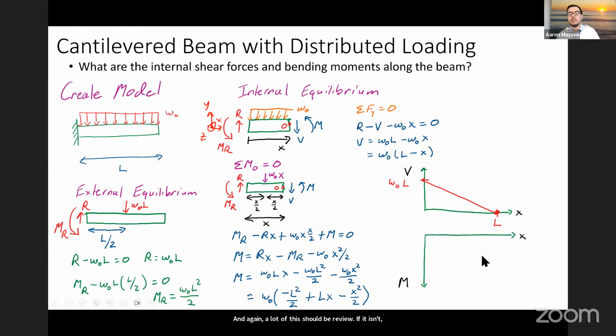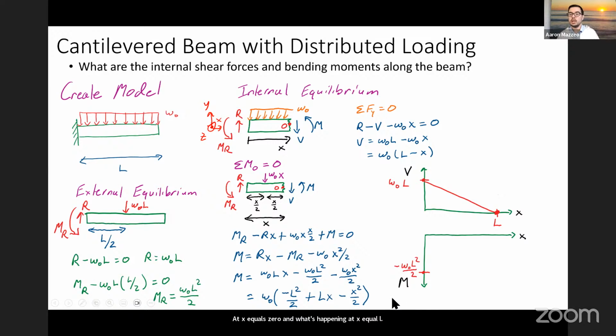Now, in terms of the bending moment diagram, again, it may be a good idea to look at the boundary conditions and think about what's happening at x equals 0 and what's happening at x equals L, just to get us started.